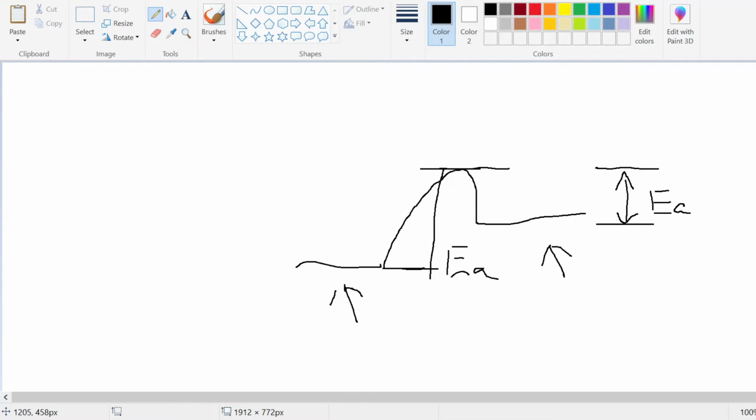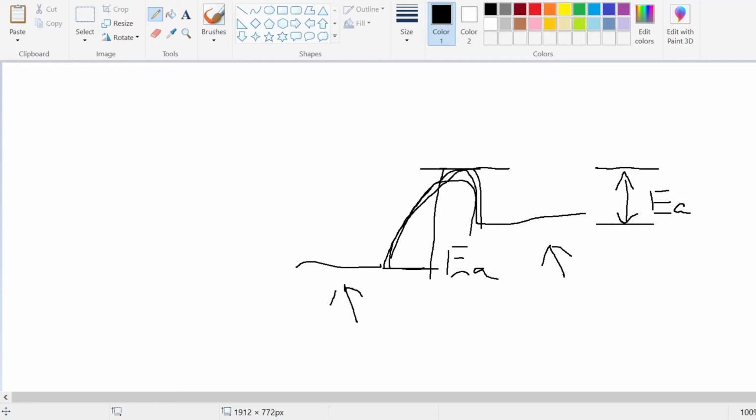If they ask you about activation energy, that has to do with this hill right here, and they're looking for the top of that hill as being how much energy you need to put in to get the reaction going. Like I said, you have to push a stone up to the top of the hill. Once you get to the top, you can just let it go and roll, and it'll carry on through the reaction. But getting to the top of the hill is the most important thing for activation.